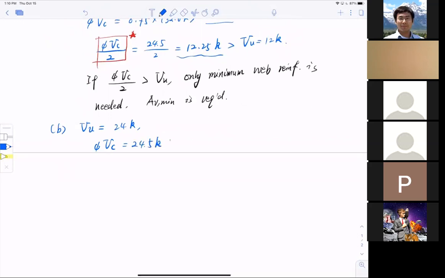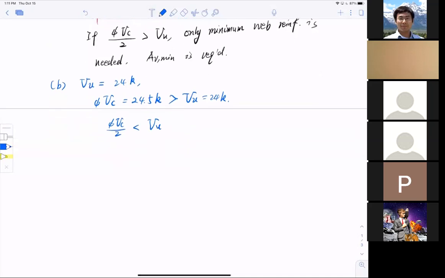That itself is bigger than VU, which is 24 kips in this case. But half of phi VC is still smaller than VU. So we have to use stirrups.